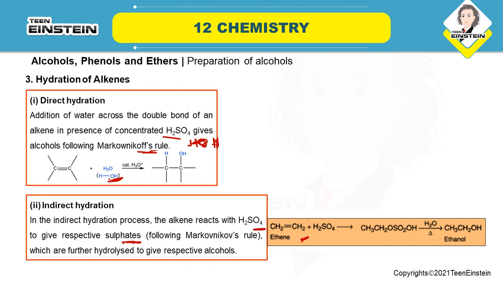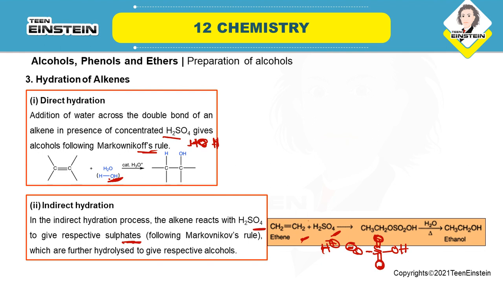Then in presence of H2SO4, you can think of it as if it is H and HSO4. Now HSO4 is actually O, S, double bond O. So this is HSO4. I am writing it in this way because of minus and plus.